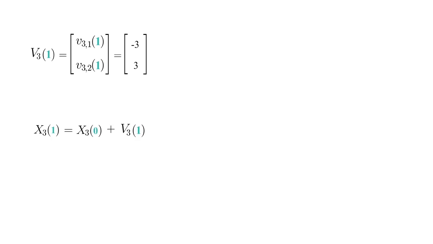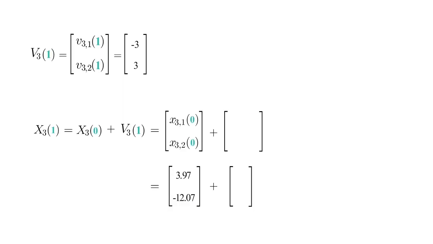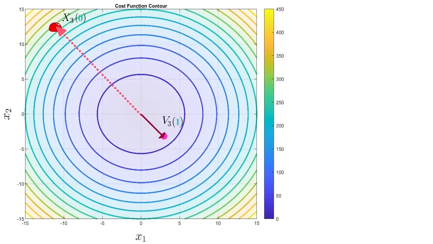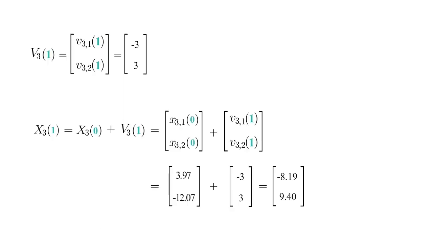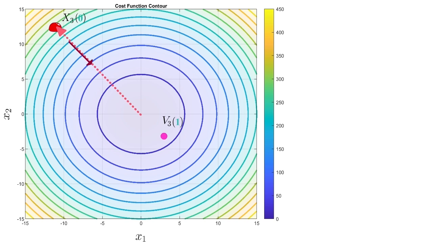The new position vector is equal to the previous position vector plus the updated velocity vector. This new value falls within the acceptable range of -15 to 15 and is satisfactory. So, the particle will move to this position. Now that we know the new positions of the three particles, let's proceed to the fourth particle.